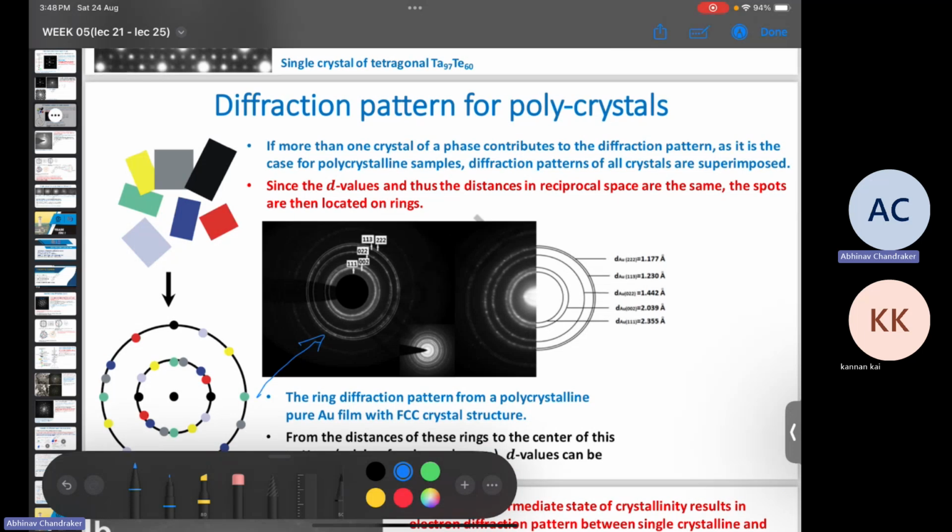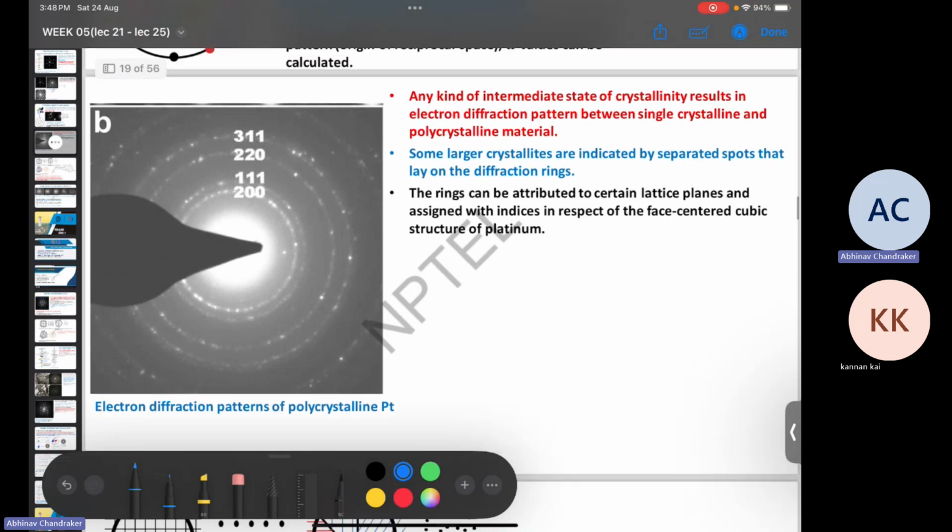And since you have these multiple crystals, they have their planes oriented in different ways. So the same plane in one crystal may be oriented in a way which is different from that in another crystal. Because of this, we get this ring-like pattern, and each ring here will correspond to one plane.